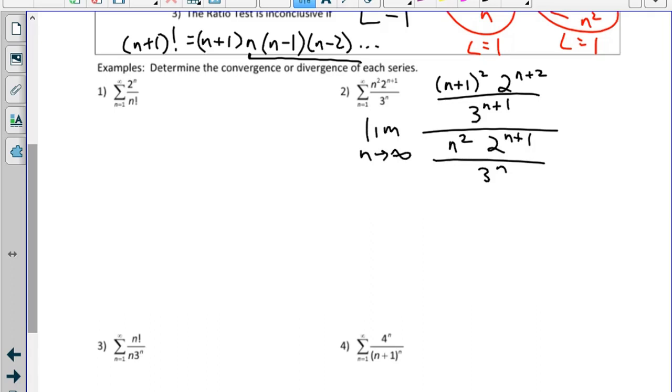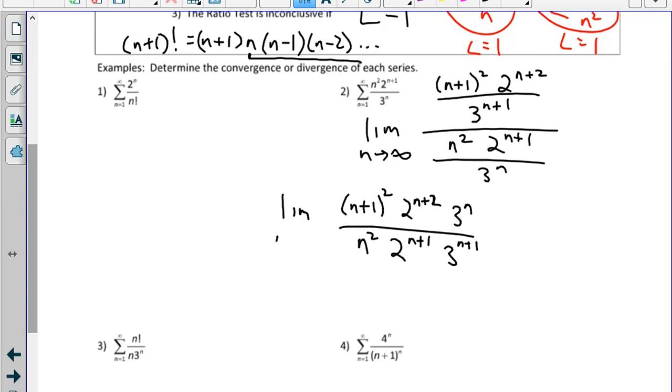So when I rewrite this, I get n plus 1 squared times 2 to the n plus 2 times 3 to the n all over n squared times 2 to the n plus 1 times 3 to the n plus 1, and that's the limit as n goes to infinity. So I'm going to continue to figure out what's happening here.